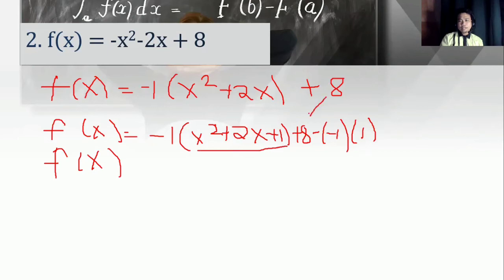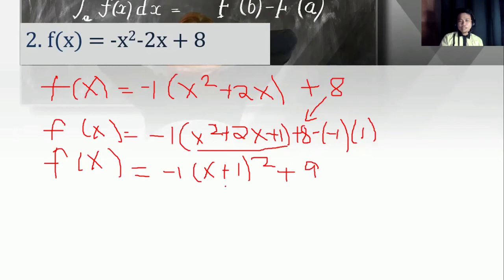Then, rewrite the value of c, which is 8, minus negative 1 times 1. So, we have negative 1, kalahati ng 2, which is positive 1, then square. 8 plus 1, the answer is 9.